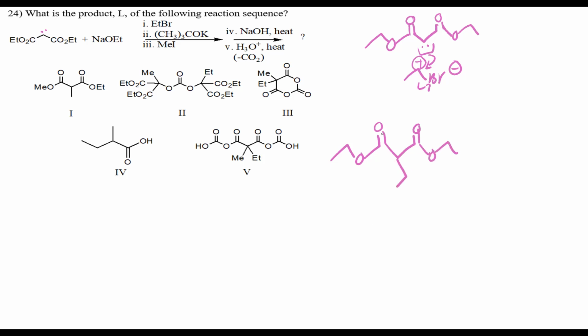Okay, there we go. And now we're going to use potassium tert-butoxide. And potassium tert-butoxide just takes out the remaining hydrogen, but it doesn't leave anything. It just leaves the electrons, okay? So it doesn't add anything to the compound. It just leaves the electrons. So this is our potassium tert-butoxide. It takes out the remaining hydrogen.